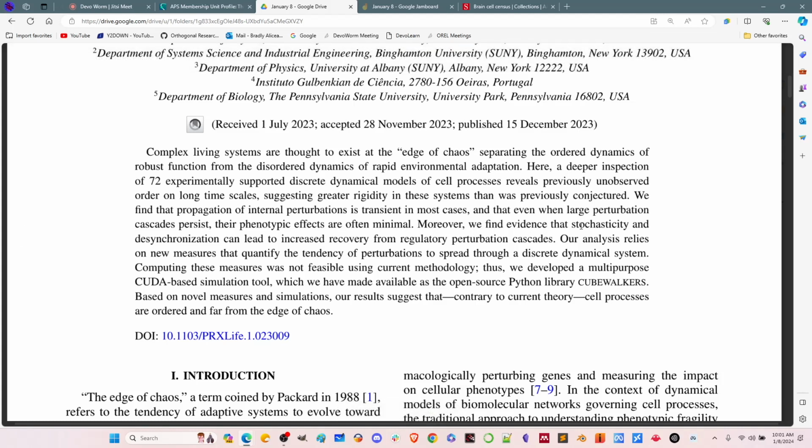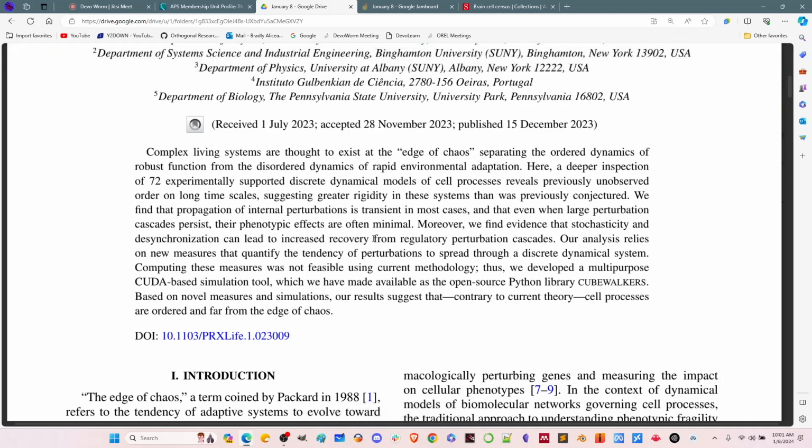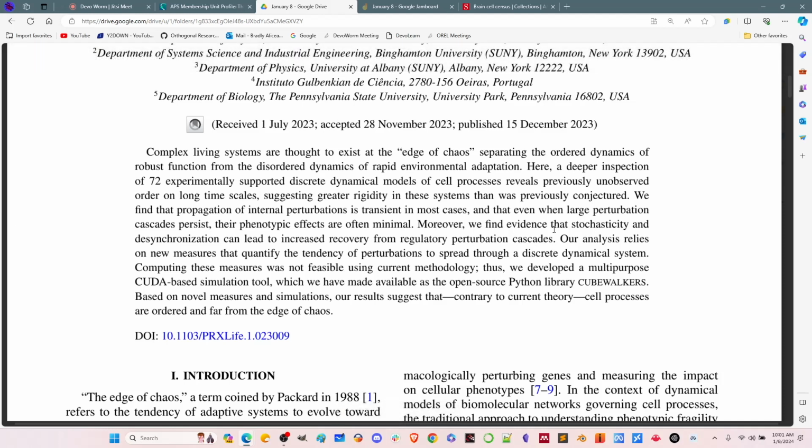Moreover, we find evidence that stochasticity and desynchronization can lead to increased recovery from regulatory perturbation cascades. So this is where we have stochasticity, where we have randomness, and desynchronization. So sometimes things will become desynchronized to allow for recovery.